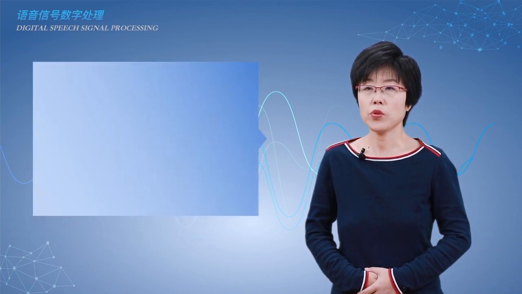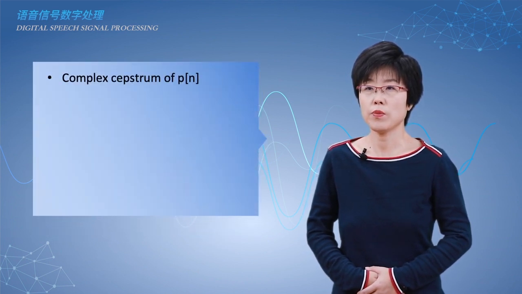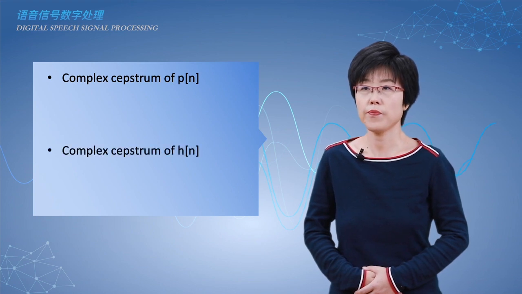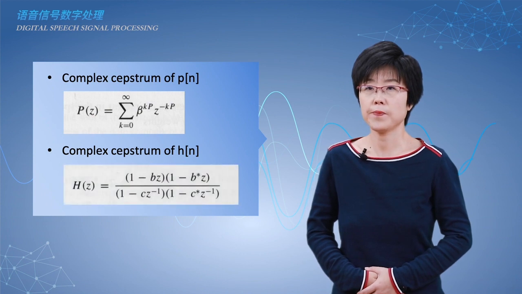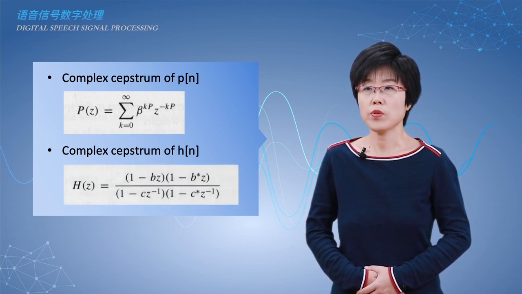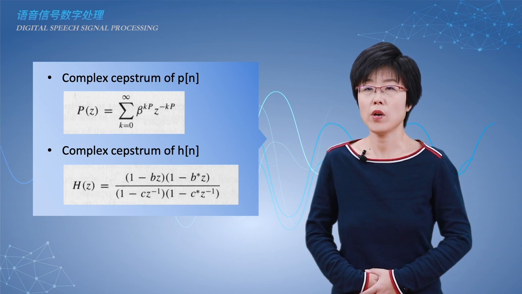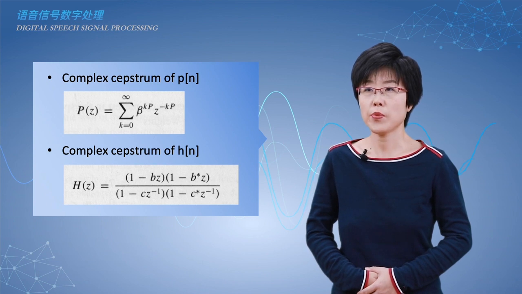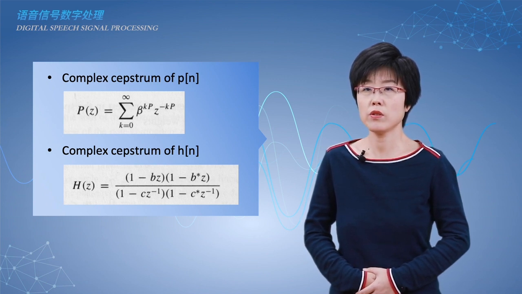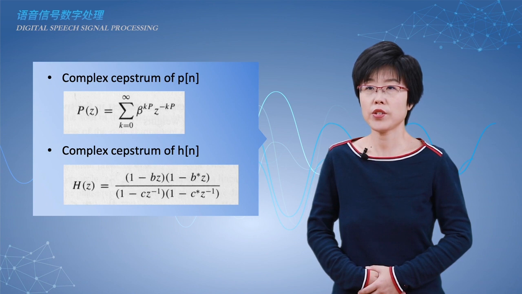We could compute the complex cepstrum of p[n] and h[n] to get the results p^[n] and h^[n]. Cepstrum is the Fourier transform of the logarithm of speech spectrum and can be used to separate vocal tract information from pitch excitation in voiced speech.